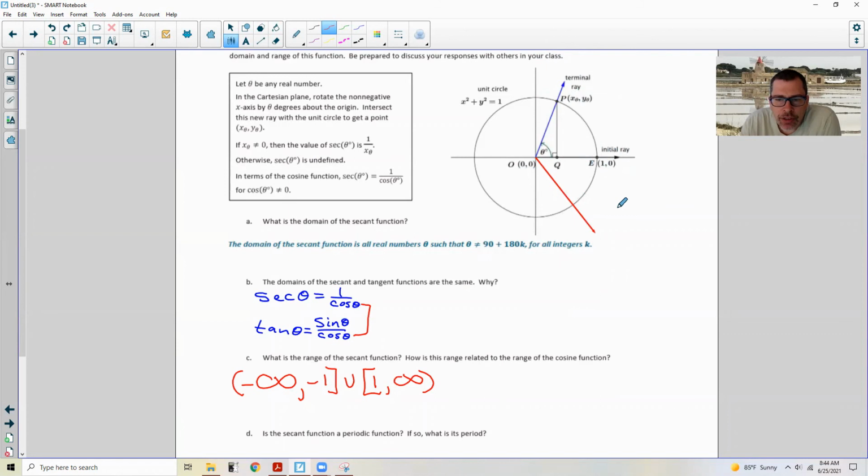So I can make a circle as big as I want, so that's why it's going to infinity. But on the unit circle, we cannot have 1 as our value for y, because when y is 1, x is 0, and x is the denominator.